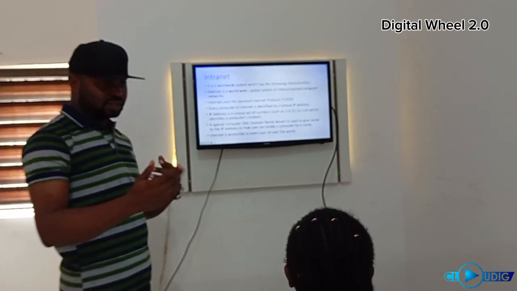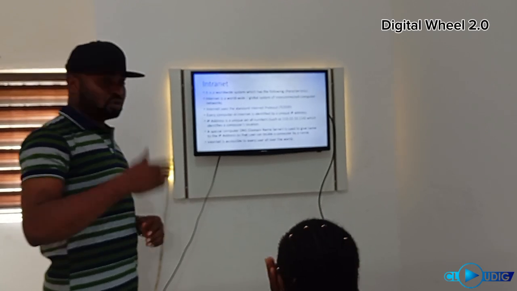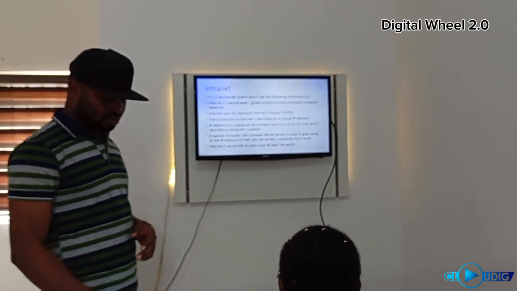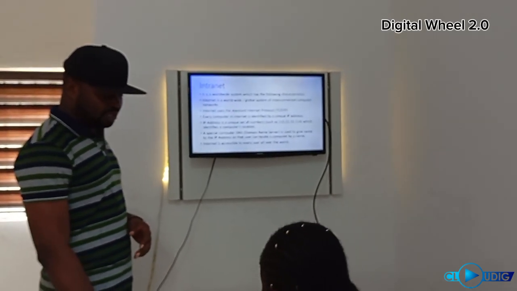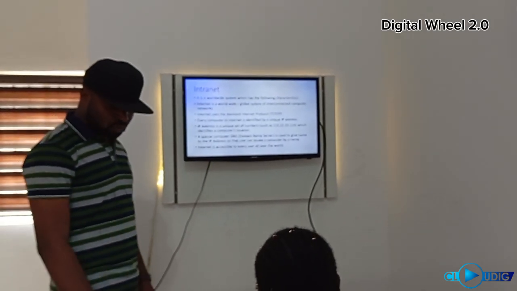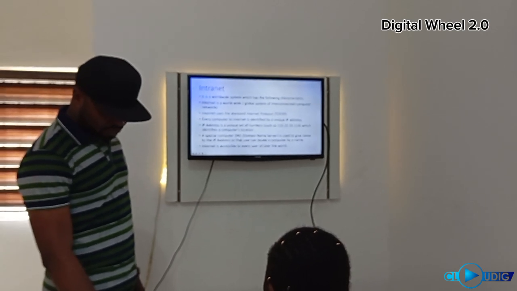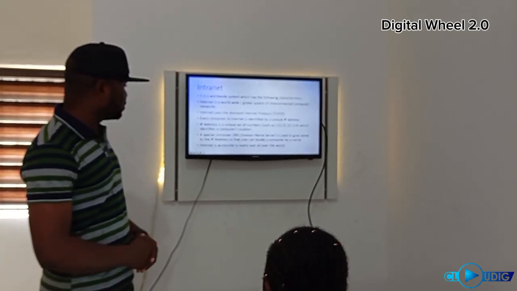But there's another version, IP version 6. It's still under research and development. When it comes, I believe it will be large enough to capture many addresses for IP addressing situations.